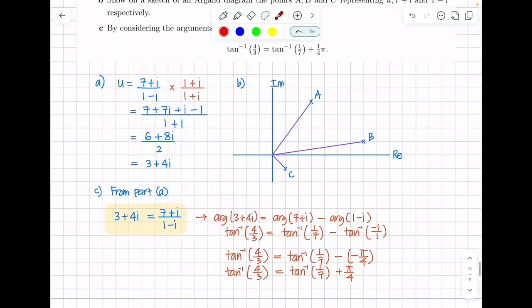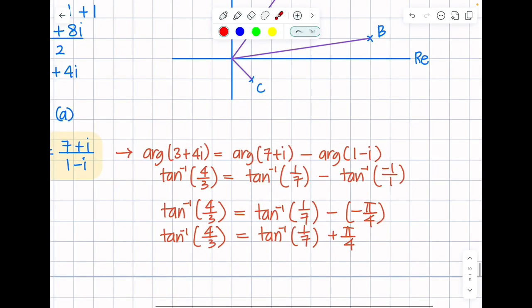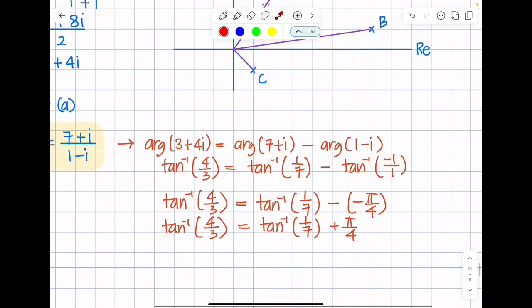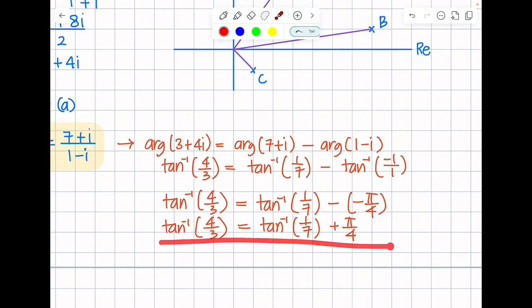So argument 3 plus 4i equals argument 7 plus i minus argument 1 minus i. So tan inverse 4 over 3, tan inverse 1 over 7. 1 minus i is in the fourth quadrant, so we can directly use tan inverse negative 1 over 1. And then we get tan inverse 4 over 3 equals tan inverse 1 over 7 plus pi over 4.